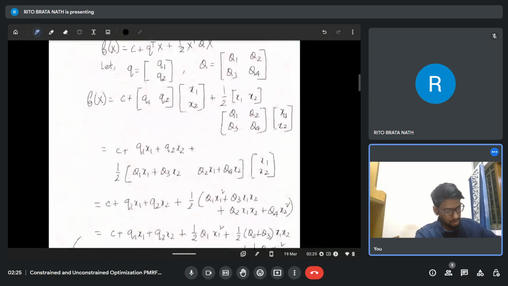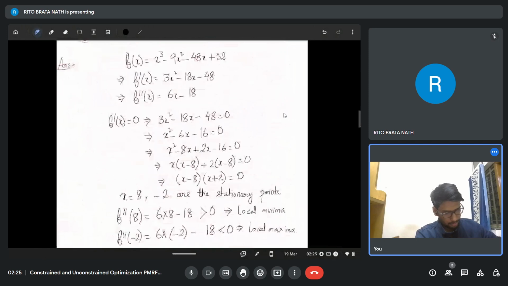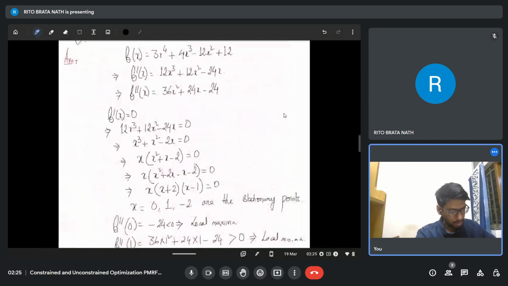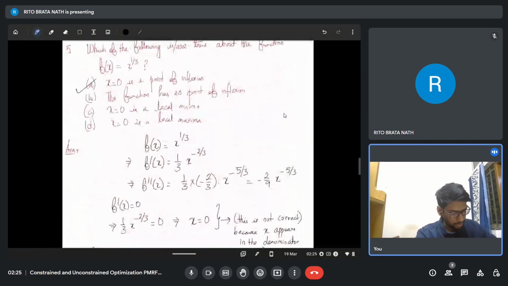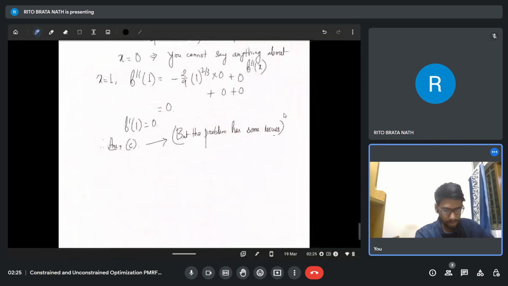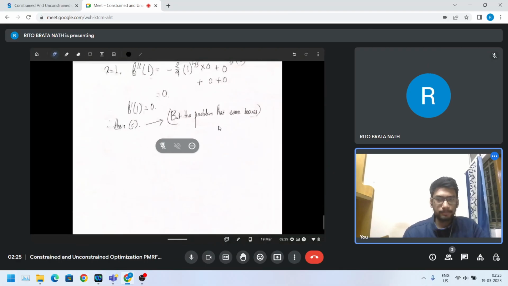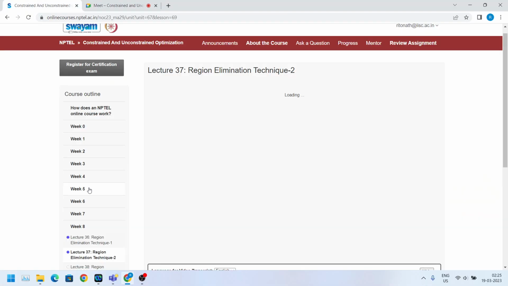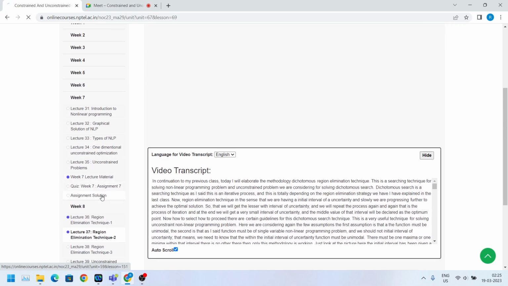Just a minute, I'll just check whether the options are in this order or not. I think I opened the solution file. Yeah, I'll just check the week 7 assignment problems.